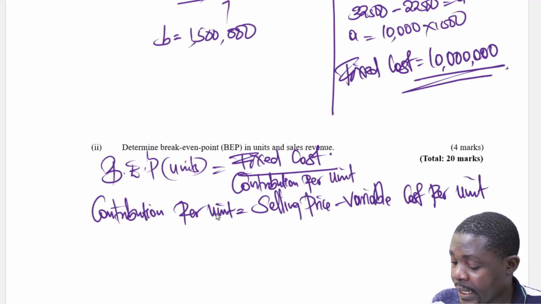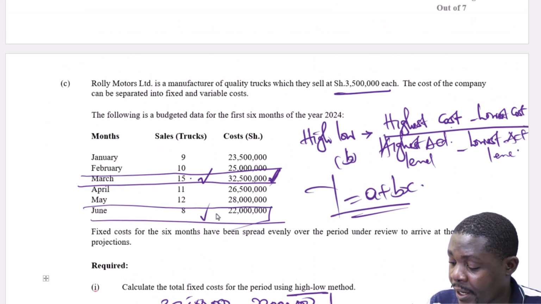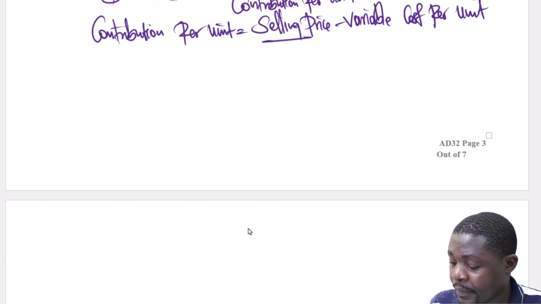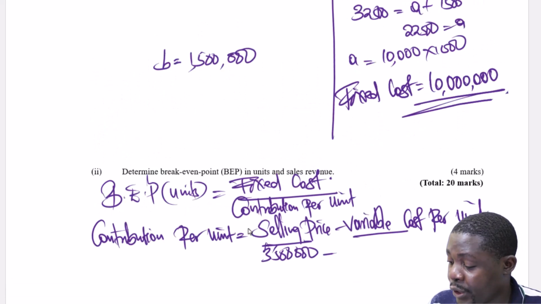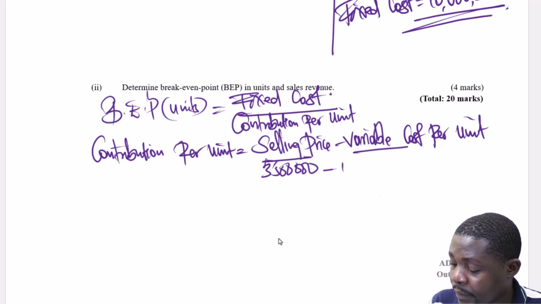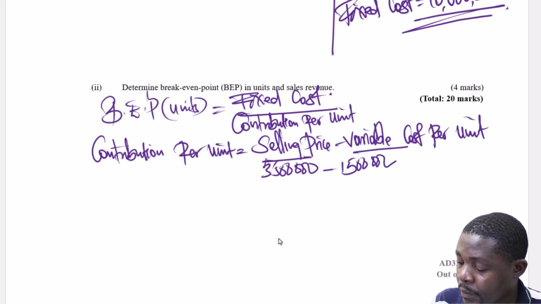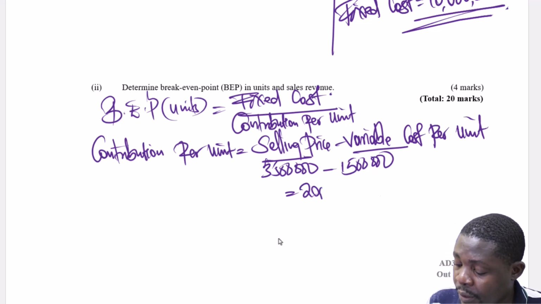Now in this case, what was our selling price? Our selling price was given as 3,500,000. Now we pick 3,500,000 minus the variable cost per unit, the value for B, it was 1,500. In that case you get 2 million.